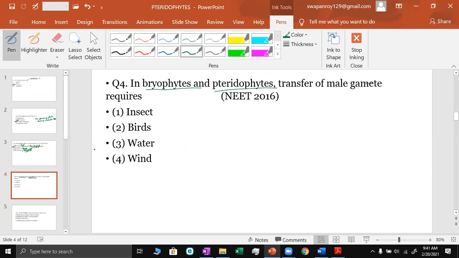This is by water, and that's why they have to live near the water. And that is why they are not very successful that way. They cannot spread all over the world. Of course, they are limited to where there is low temperature, high rainfall, and humid conditions.